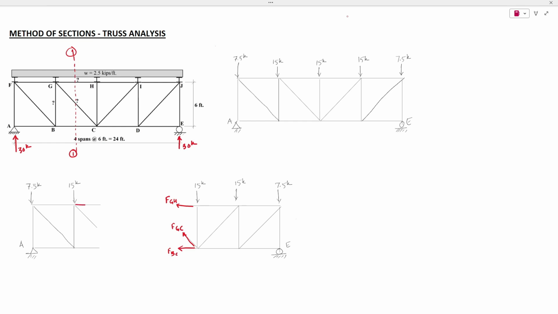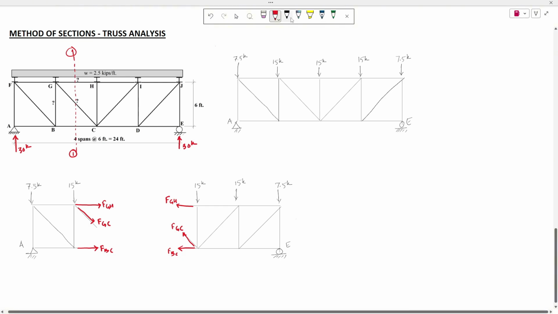Similarly, at this section, this is FGH in tension, this is FGC in tension, this is FBC in tension. Once we have these sections, we can select either the left part or the right part of the section and then start solving using the equations of equilibrium.